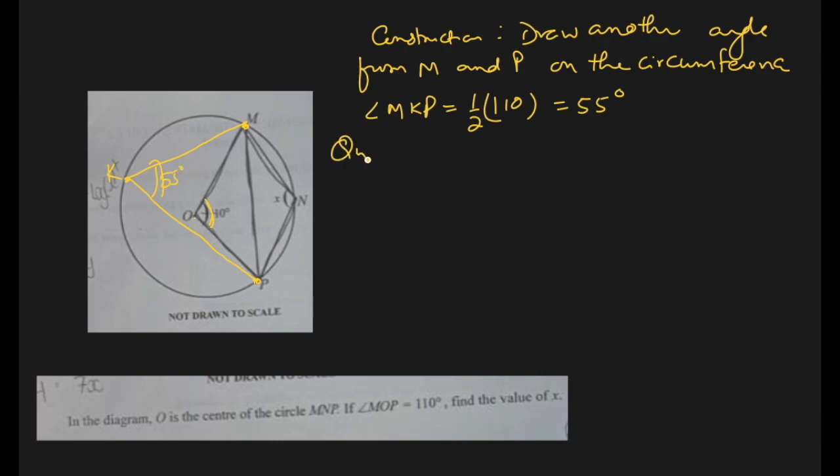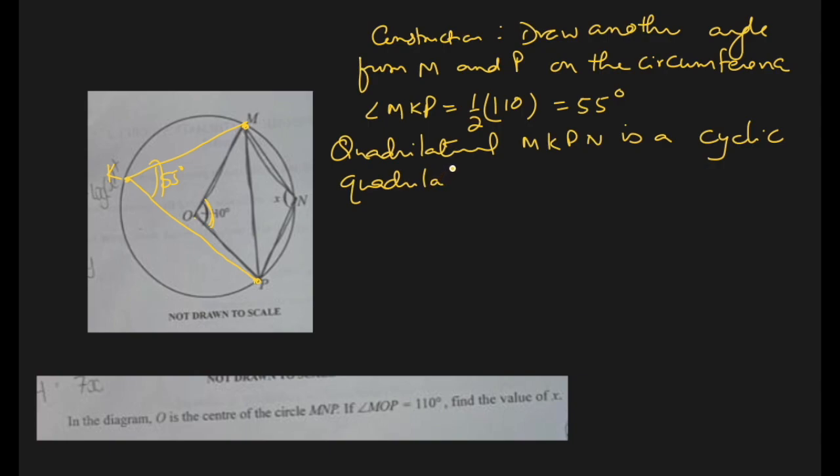Now we can write quadrilateral MKPN is a cyclic quadrilateral, right? So angle MKP plus x, they are the opposite angles of a cyclic quadrilateral, right?